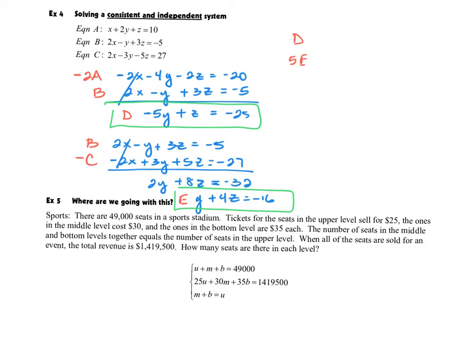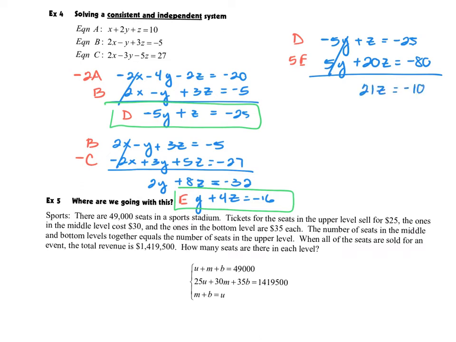I know that I don't like to have to work with negatives if I don't have to, so that's a good choice for me. So equation D would be my -5y plus z equals -25. Then 5 times equation E will give me 5y plus 20z equals -80. I add those together, the y's drop out. I get 21z equals -105. Z is -5. So now I have solved for z.